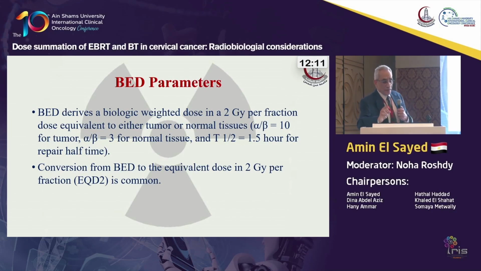If we use these values for all tumors and all organs at risk, we will get a lot of problems in the outcome of the calculation. The repair half-life was also considered as 1.5 hours, and using these values, we can convert the BED to EQD2.